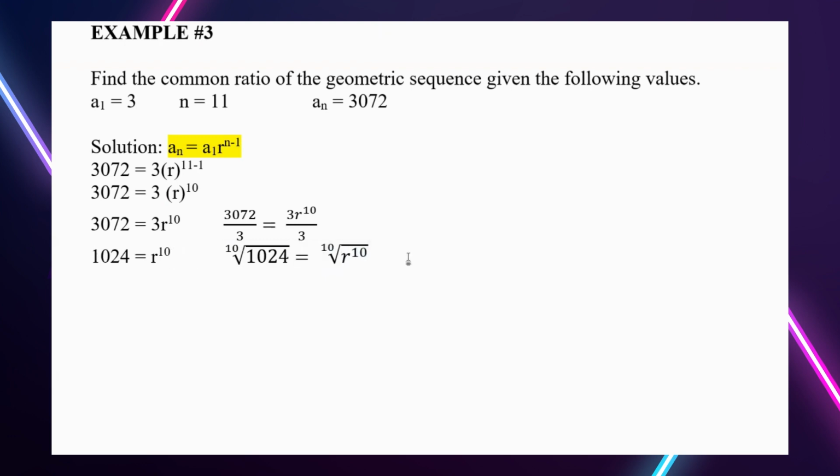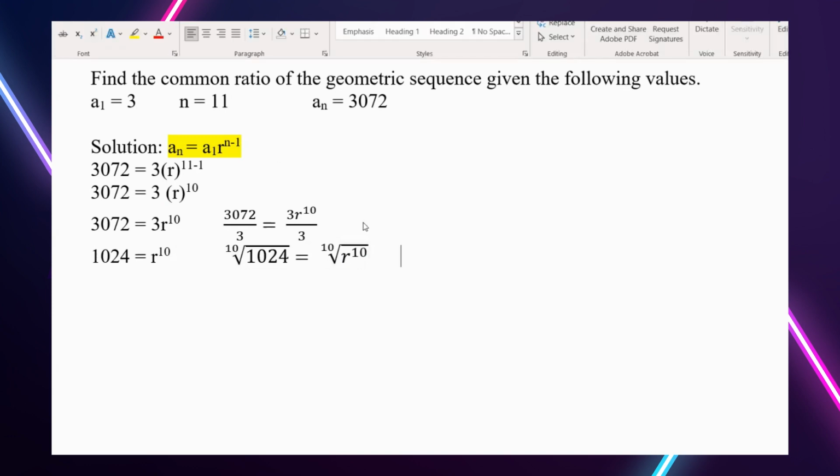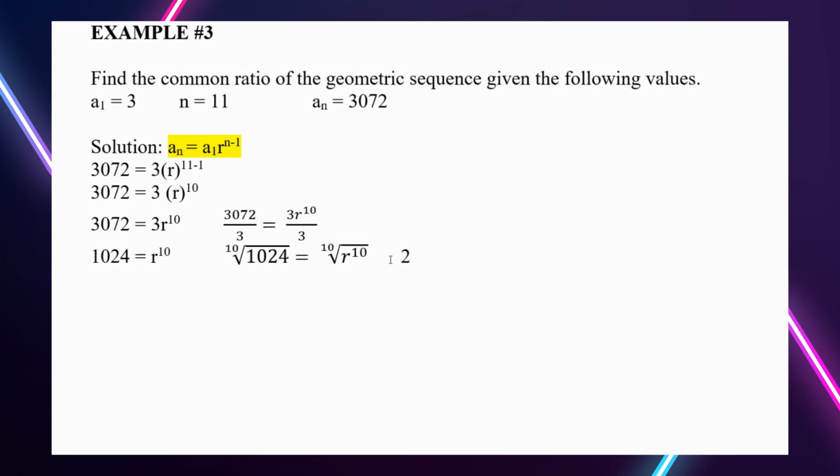So the 10th root of 1024 is positive 2 is equal to the 10th root of r raised to the 10th power.